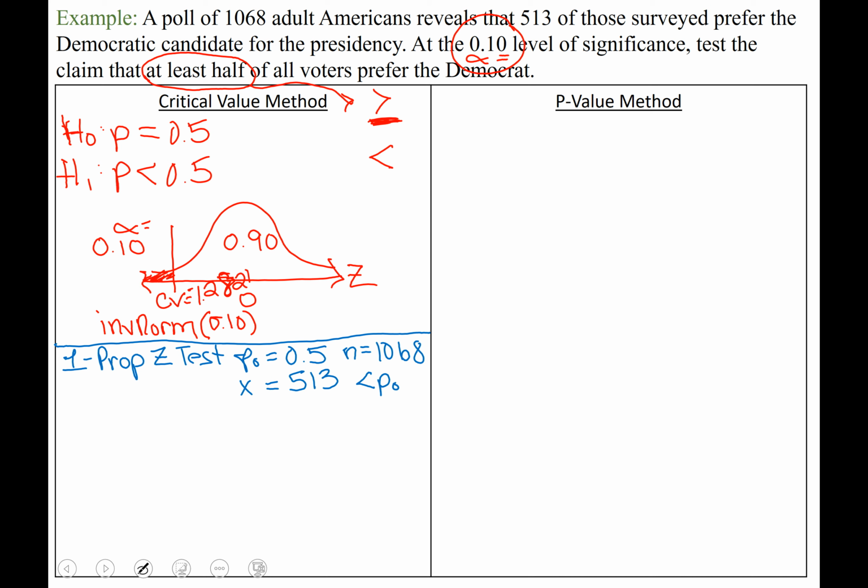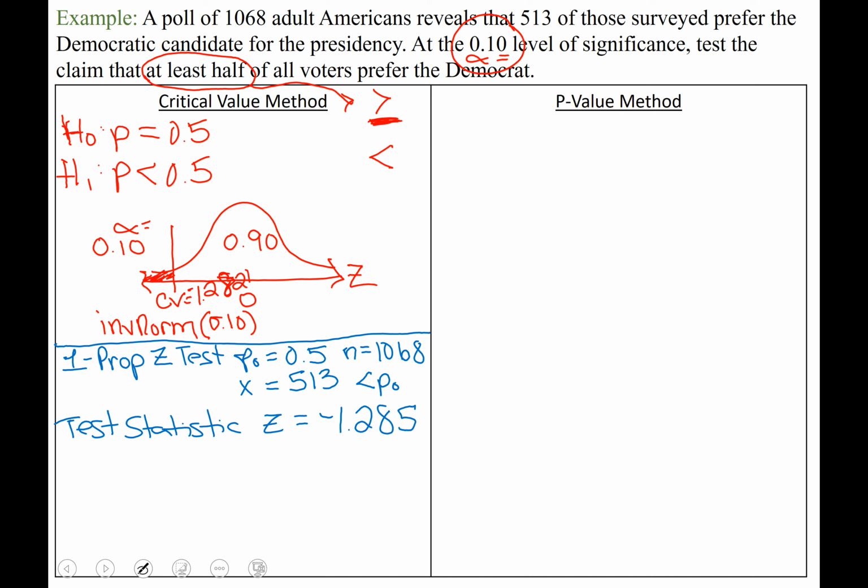The very first line of the output screen is our test statistic, which turns out to be z equals negative 1.28. Good thing I brought a third decimal place to compare because it's very close to the critical value, negative 1.285.